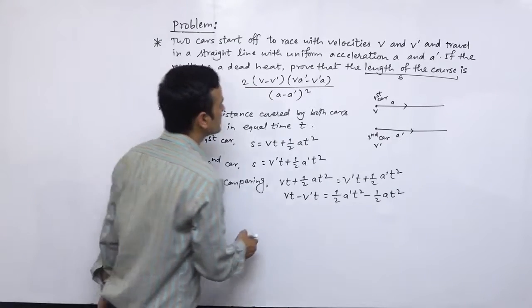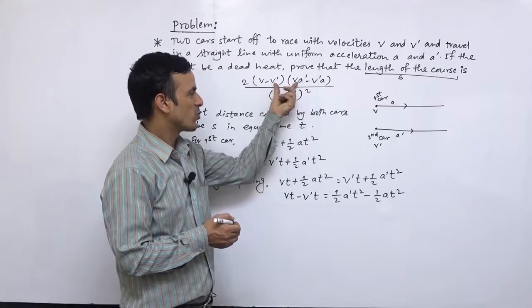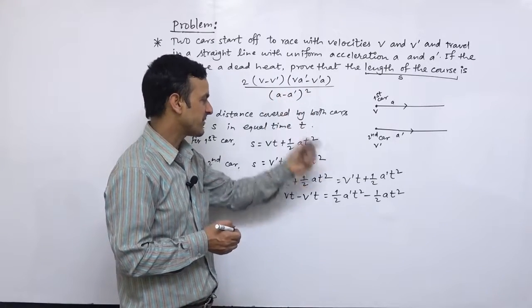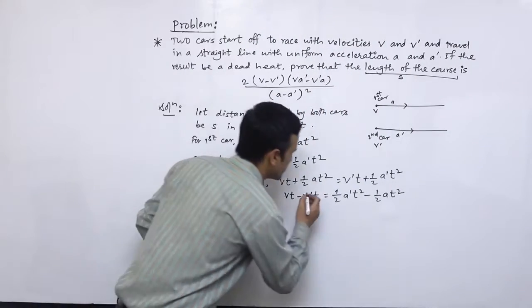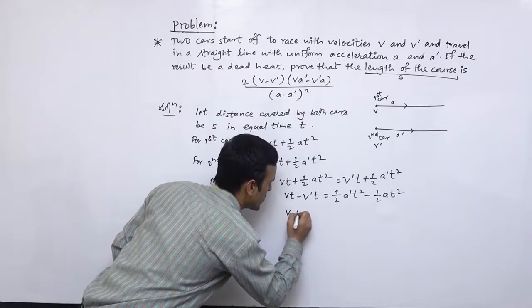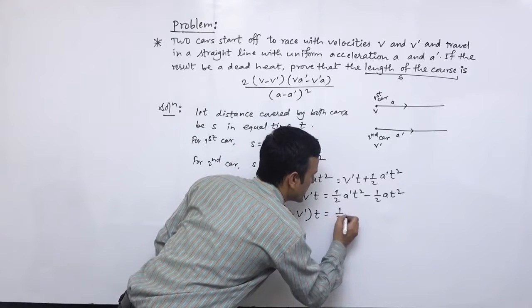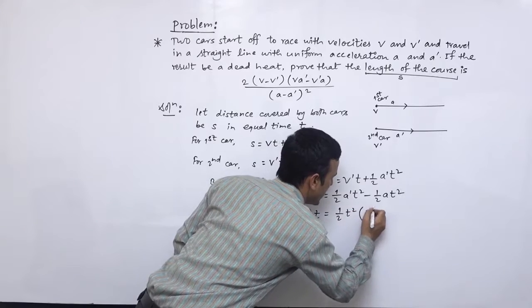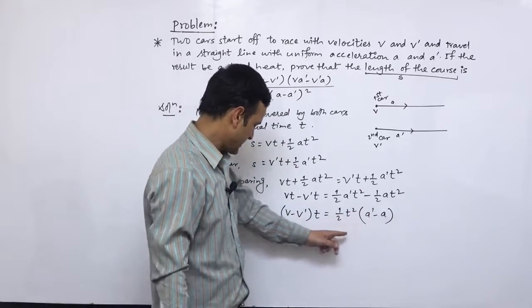And so in our result there is no t. Here there is no value of t, so we take out the value of t from here. So here vt minus v dash t, we can take t common here, and here 1 upon 2 t square common and a dash minus a. In this way we can solve it.